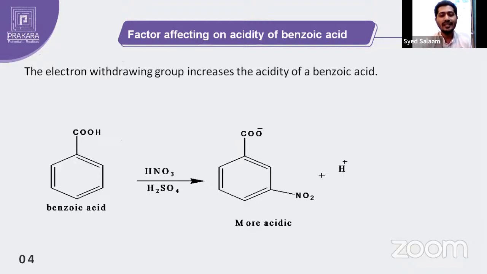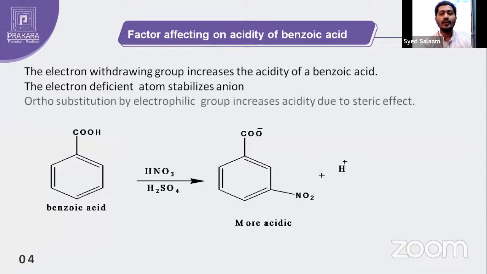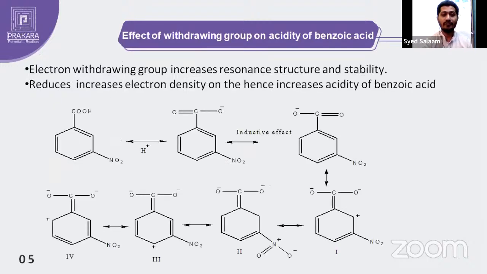How does the acidity increase? Based on the ease of release of the proton, the H+ ion. When there is an electron withdrawing group, it becomes much easier for the carboxylic acid to release the hydrogen. So it becomes more acidic. An electron deficient group stabilizes the anion, and an electron withdrawing group at the ortho position increases acidity due to the steric effect.